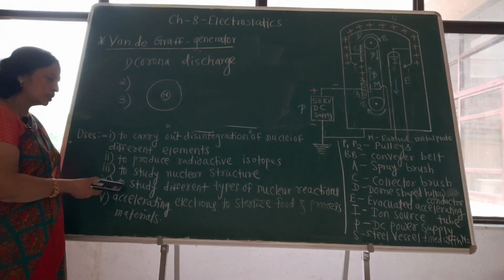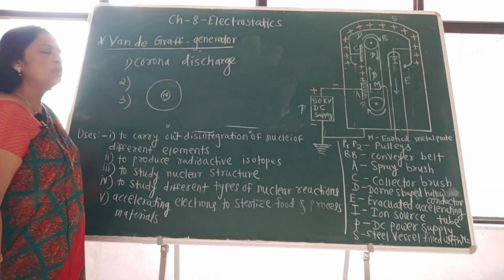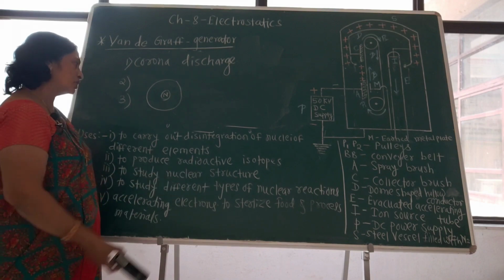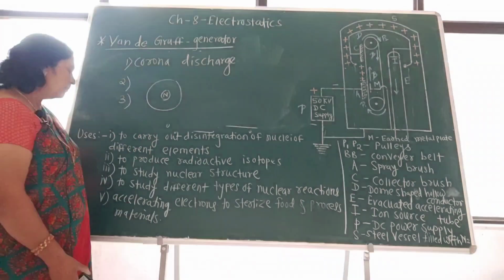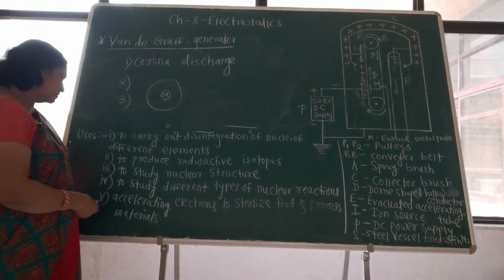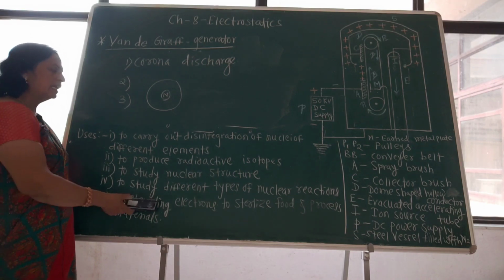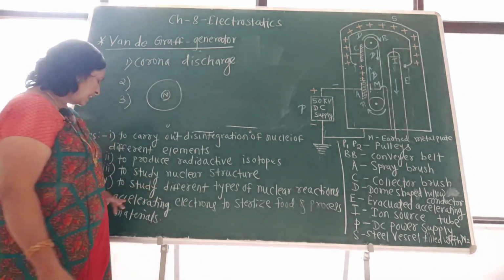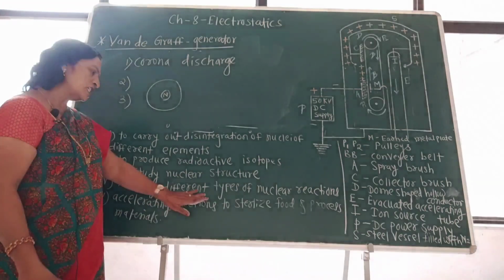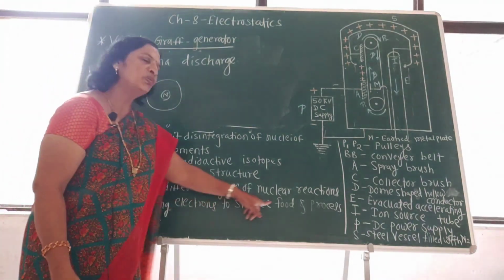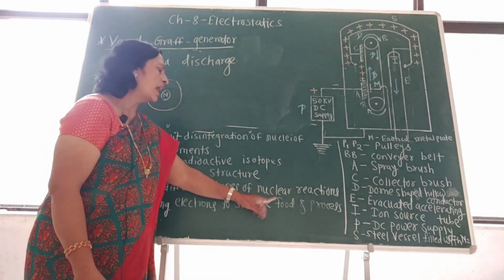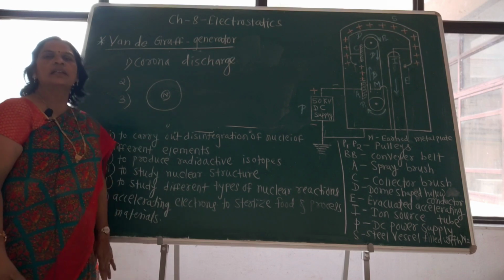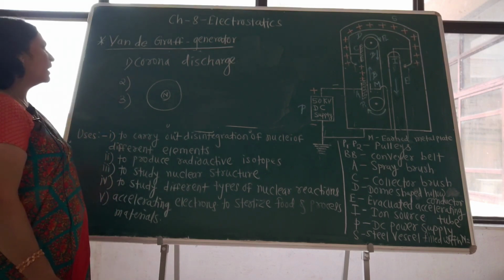Fourth use, to study different types of nuclear reactions. And last use, accelerating electrons, which are negatively charged particles, to sterilize food. We can sterilize food and process material, and all these are the uses of a Van de Graaff generator.